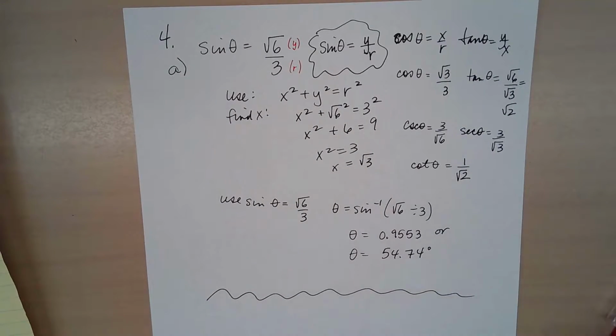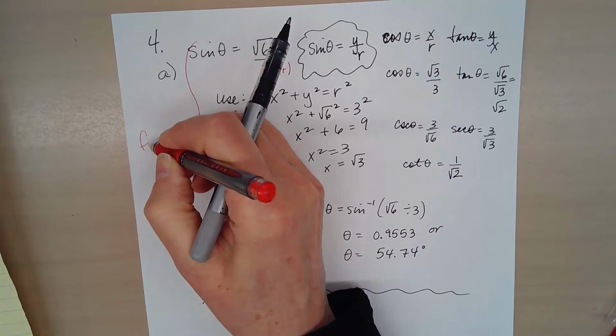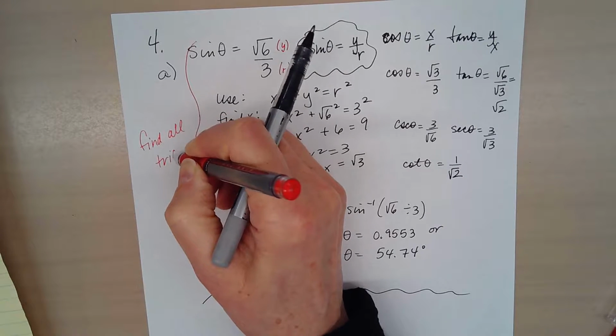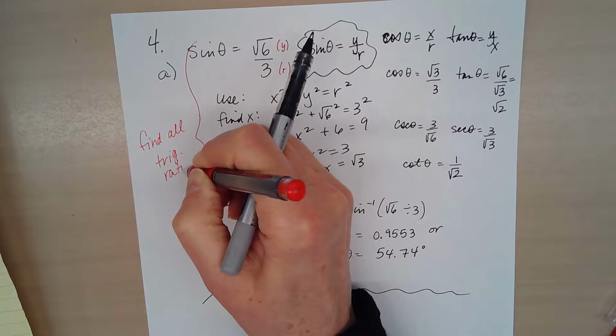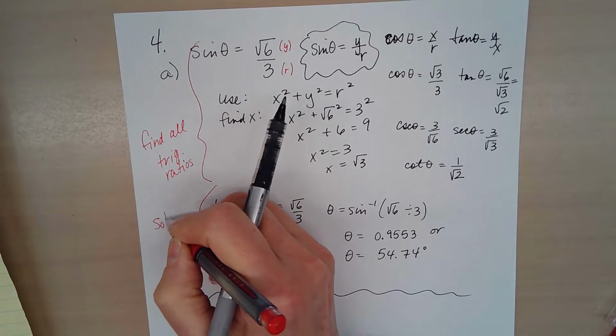Notice here we were finding, you had two parts to this question, right? It said find all trig ratios. And then this one was solve for theta, right?